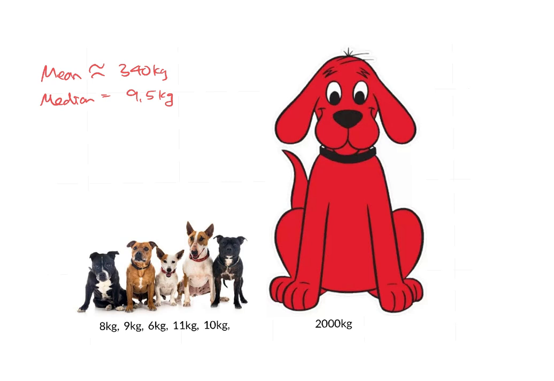Now, you must remember that an average is just a value to represent an entire set of data. So you're summarizing all of the data with one number. If we were to choose the mean in this situation, you've got a value of 340, which is far, far greater than 5 of the dogs, which is the majority of the number of dogs. So the mean is not representative of the data. The median is representative of the data because 9.5 kilograms is really close to 5 of the dogs.